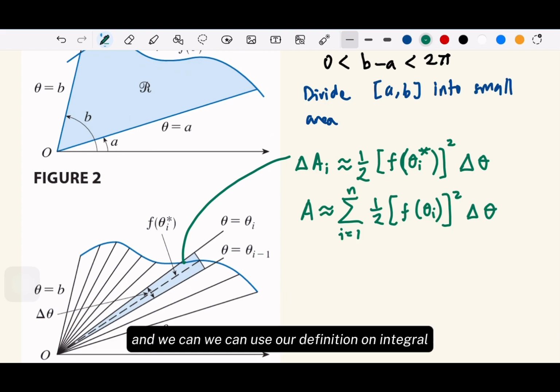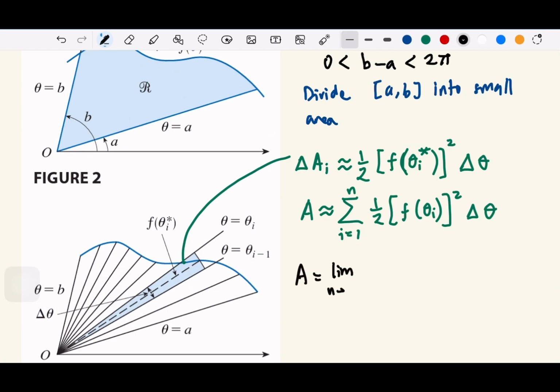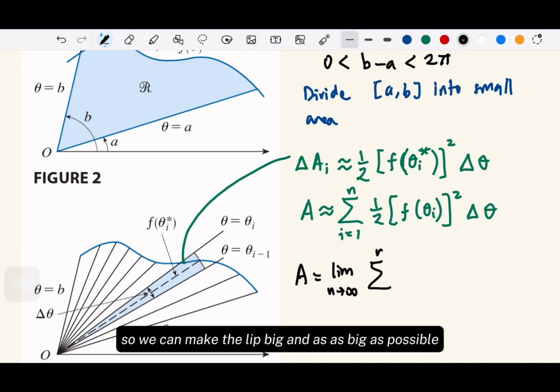And then we can use our definition of the integral, which we already mentioned in terms of the sum. So the area becomes a limit. We can make the n as big as possible.